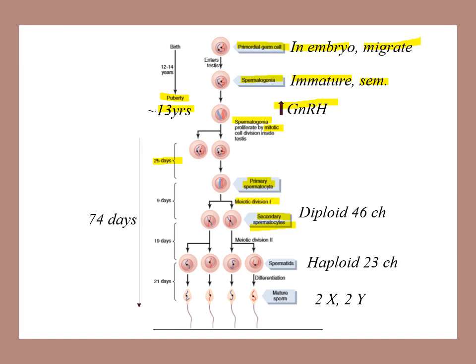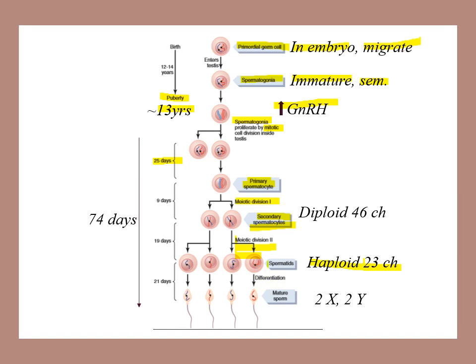This process takes about 19 days, and then they will enter the second meiotic division, and that will give rise to haploid spermatids, which contain 23 chromosomes each.